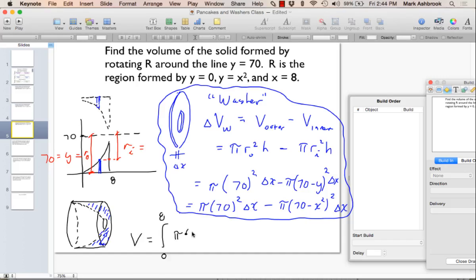So the integral from 0 to 8 of pi times 70 squared minus pi times 70 minus x squared, all dx. Again, this is multiplication. In terms of that volume, dx is part of it. dx is the height of our washer, part of the math.